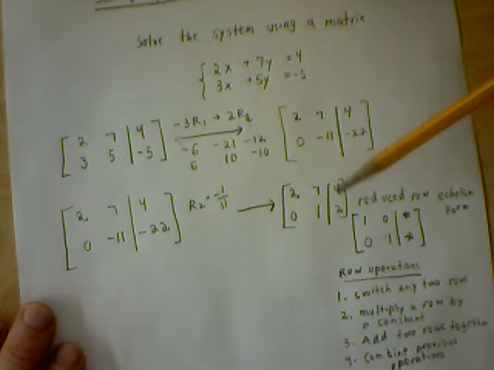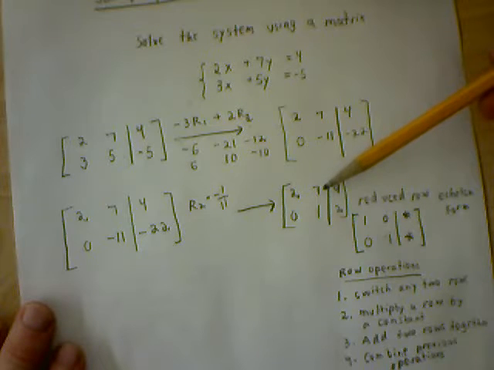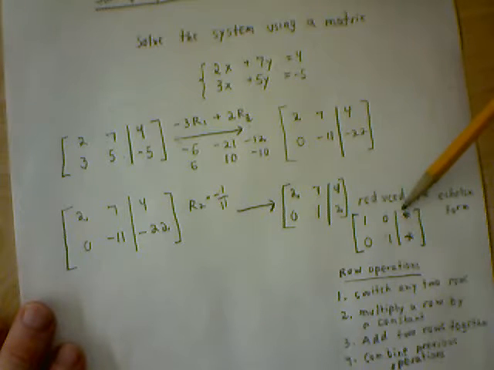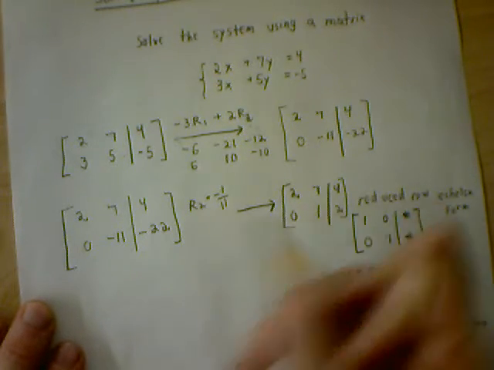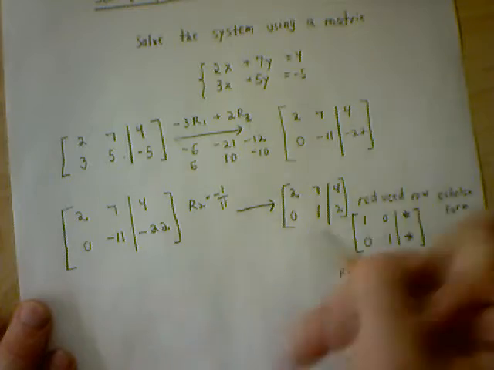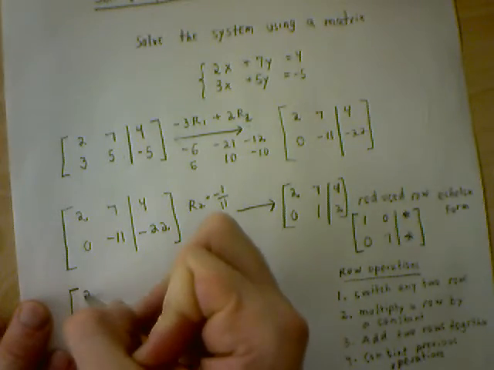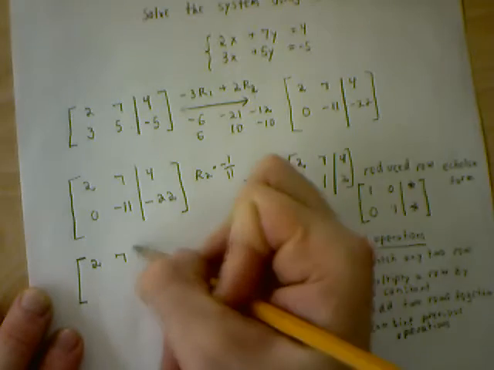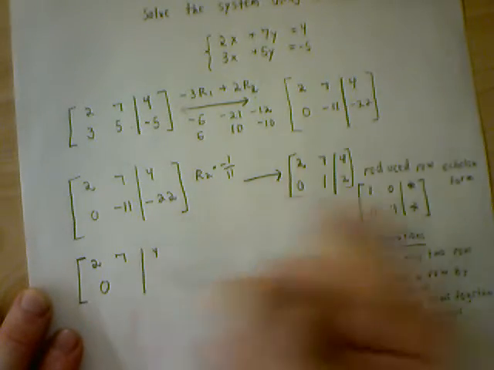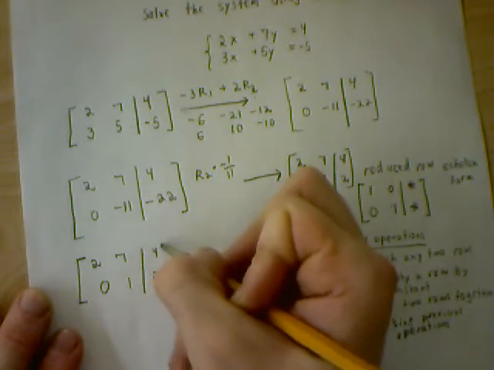Next, we need to get our first row into reduced row echelon form. So I'm going to use row 2 and row 1 to do that. Let's go over here. 2, 7, 4, 0, 1, and 2.